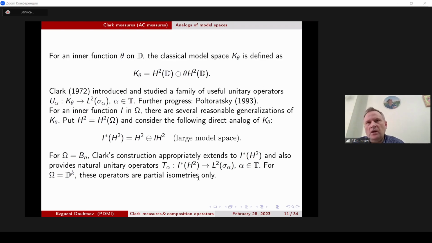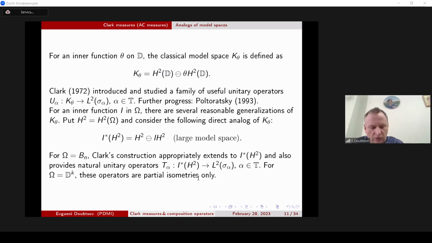Well, in a sense, it's reasonable to say that this is the large, or the largest, model space to consider. And if omega is the unit ball, then Clark's construction is extendable to this large model space. We do obtain natural unitary operators, and they are still useful in some situations.